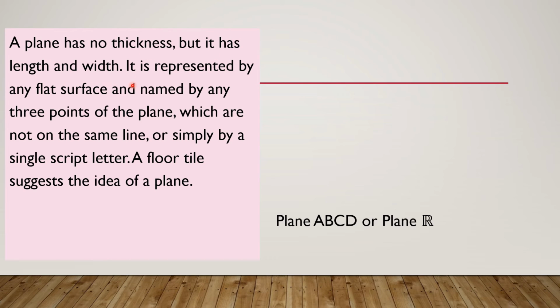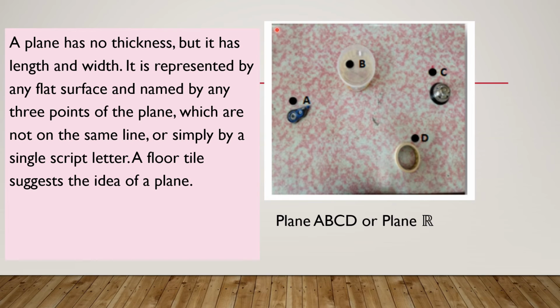A plane is represented by any flat surface and named by any 3 points of the plane which are not on the same line, or simply by a single script letter. A floor tile is an example of a plane.